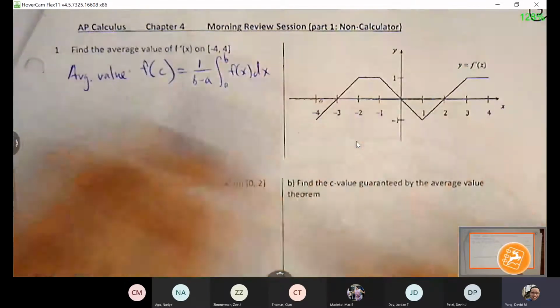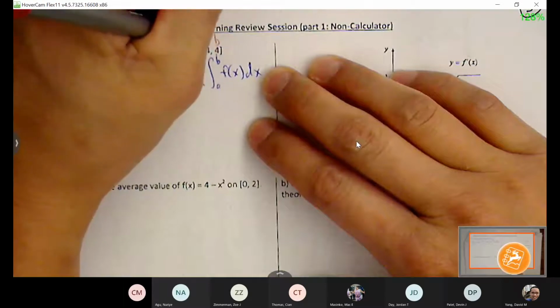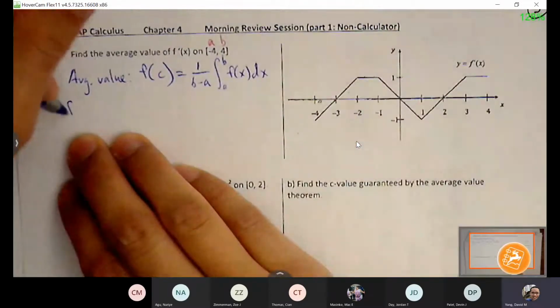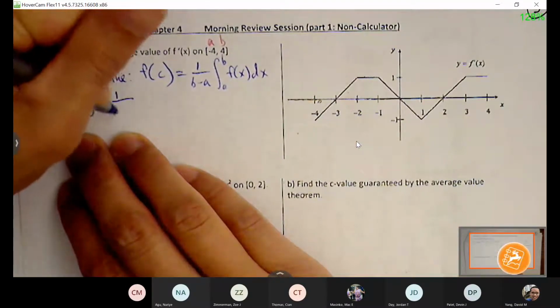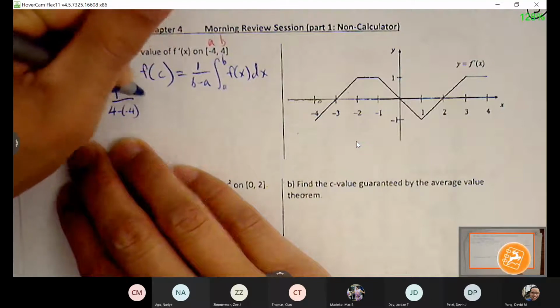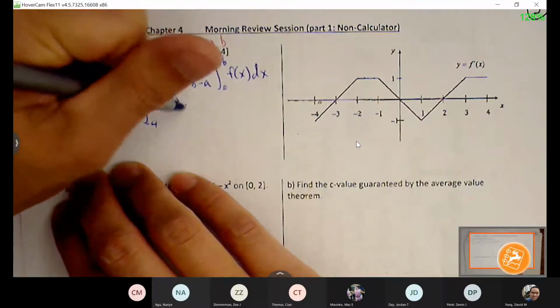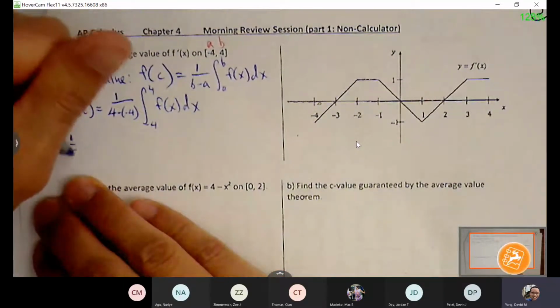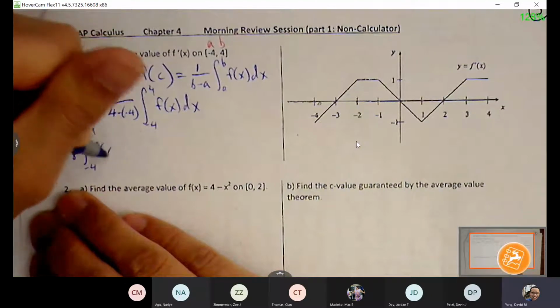All right, a and b values are provided here, -4 to 4. So ultimately, it's going to be 1/8 definite integral from -4 to 4 of f of x dx.